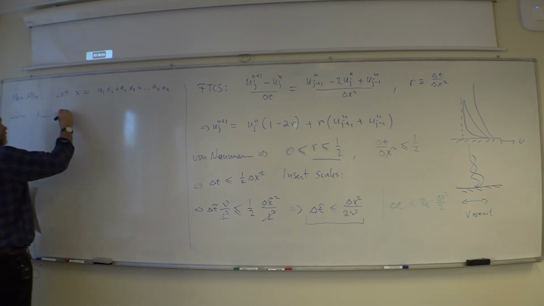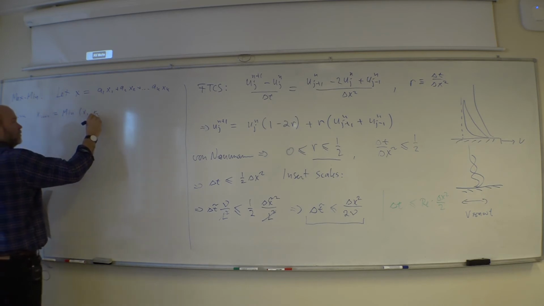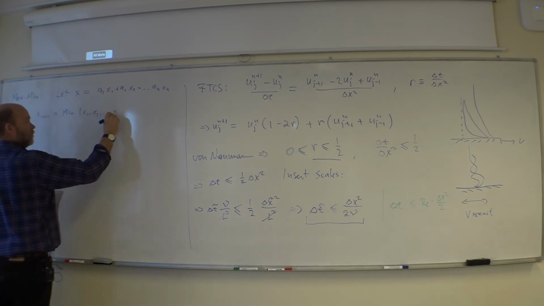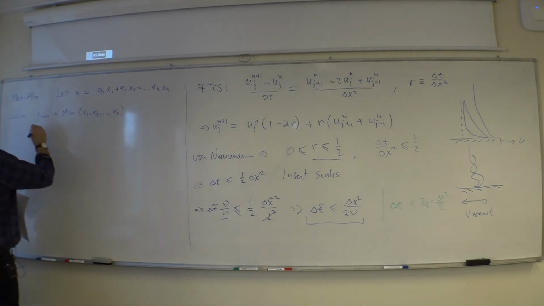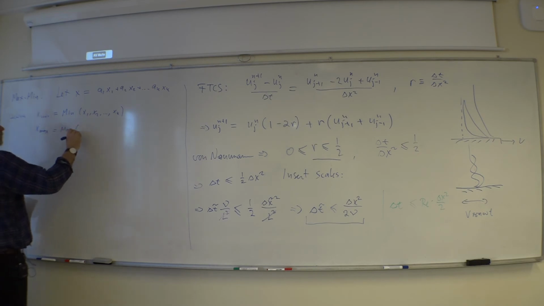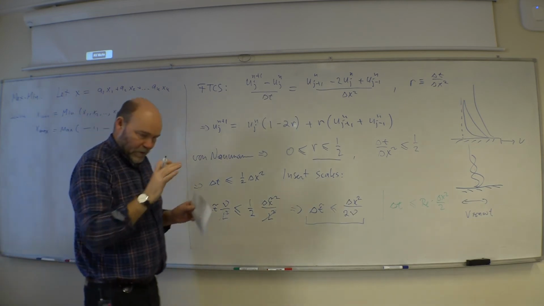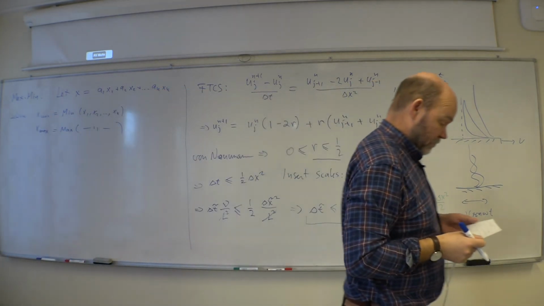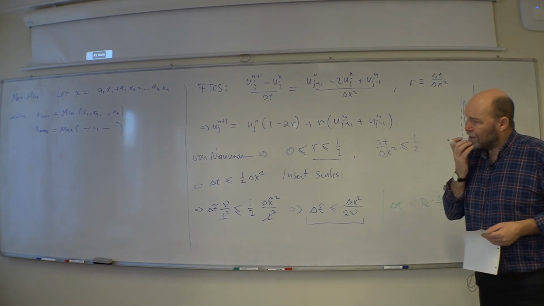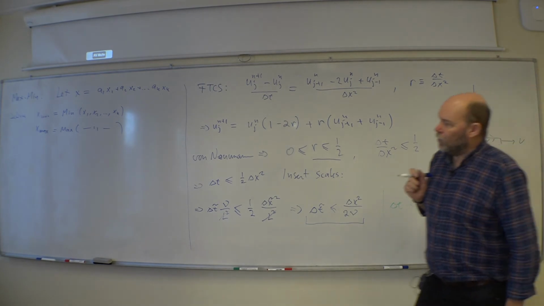That's the smallest of all of these x's, x1, x2, all the way up to xk. And we also define the maximum. That is the biggest one of all of them. So then we sort of have these two as limits. That would be very interesting, because now we can write the following.